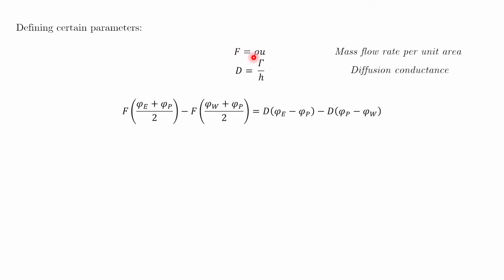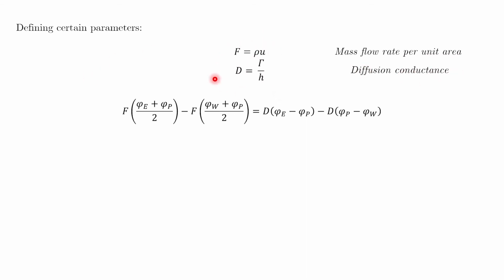We call this combination of rho into u as F, capital F, and physically the value of F, if you remember, represents the mass flow rate per unit area. The mass flow rate is rho into A into U, so the area is missing from here. That is why I'm calling it per unit area. And similarly, I define another expression called capital D as gamma over H. This is called the diffusion conductance.